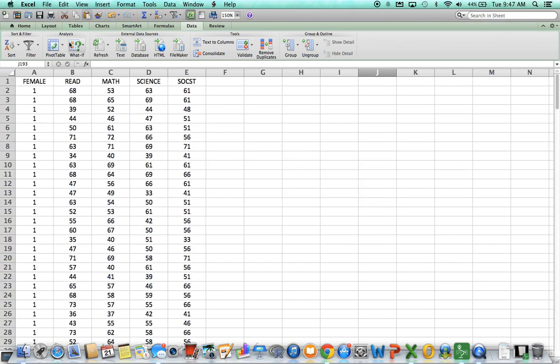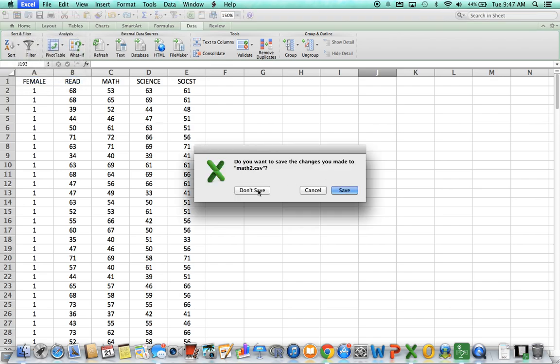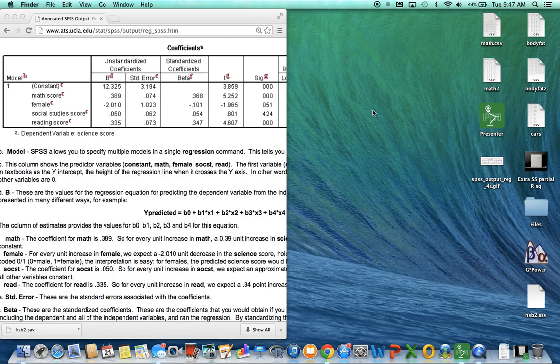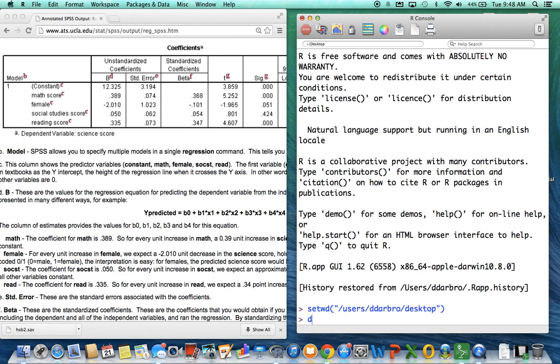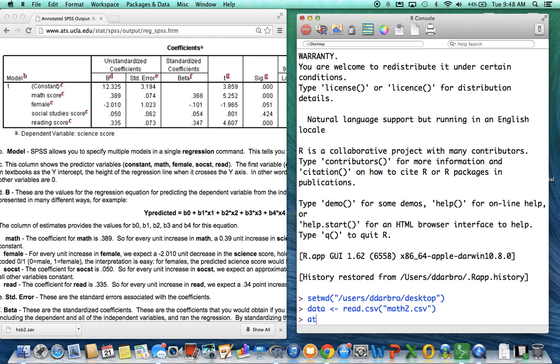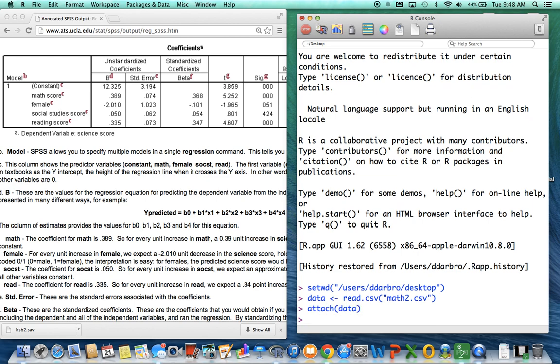And now I have gender coded as 0s and 1s as they did. I don't need to save because it's already saved. Let's bring up R. Let's grab our data. Attach our data. And let's run our model.